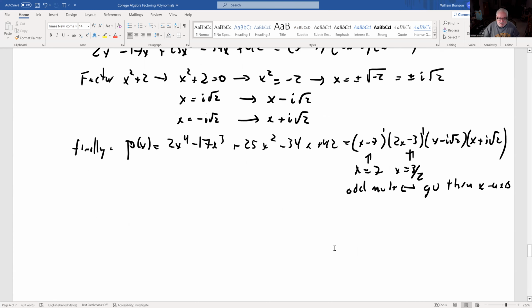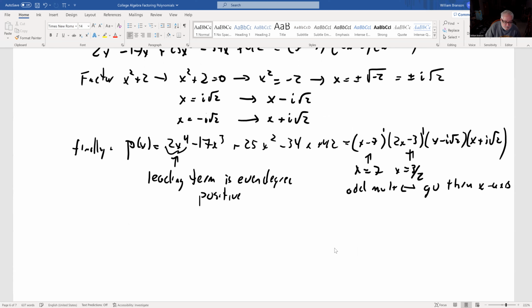We also know that the leading term is even degree, and it's a positive coefficient. Now we can sketch something like a graph.